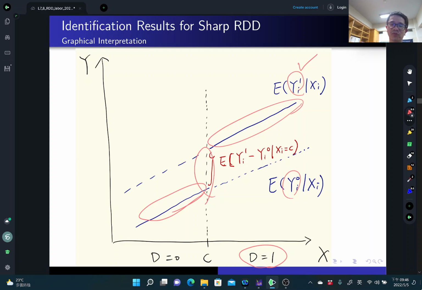Before the cutoff, you do not get a treatment, so Y0 realizes. Here is Y0, here is Y1. So the discontinuity in the observed outcome is due to the treatment assignment at the cutoff, because above the cutoff Y1 realizes and below the cutoff Y0 realizes.